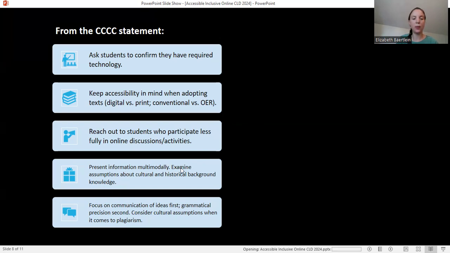Presenting information multimodally. Basically multimodal just means using, in addition to text instructions, also having video and including maybe some images in there. And think carefully about cultural references and historical references.